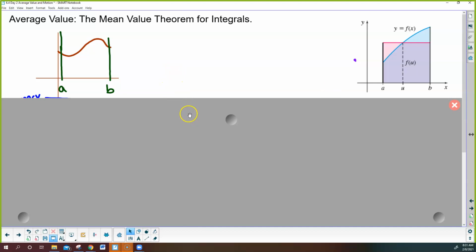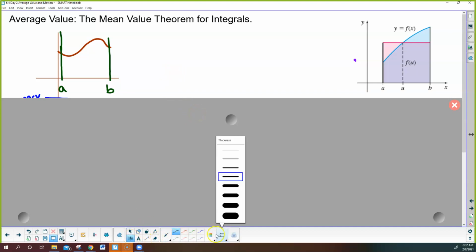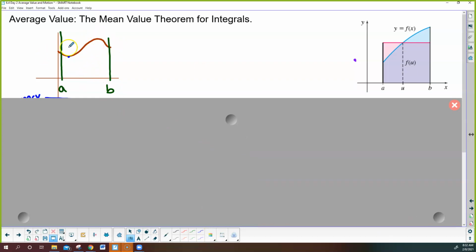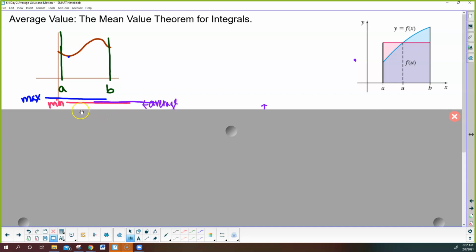Okay. So what we're going to talk about here, we hinted at this with the properties of integrals at the start. We said, well, what if we took the lowest spot on f of x? So here's the lowest spot of the function. And then I drew a line straight across at that minimum.